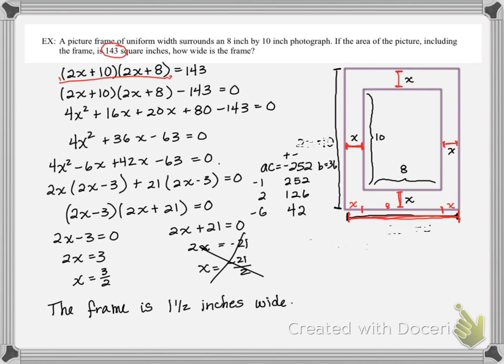And that's why I made this guy X, because then I have all the pieces going horizontally and all the pieces going vertically labeled, even though I don't have numbers for them. And you're right, these are challenging because you have to come up with how to label and things like that, but that's why we practice.